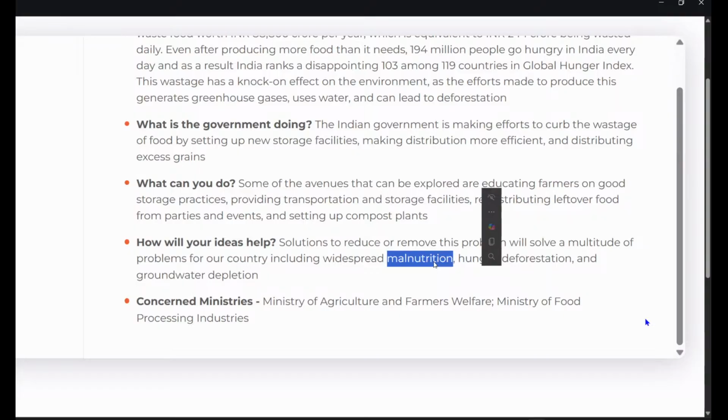Even though they are eating three times a day, 70% are still facing malnutrition because most of them don't know what to eat, and a large set of people doesn't get what they want to eat.